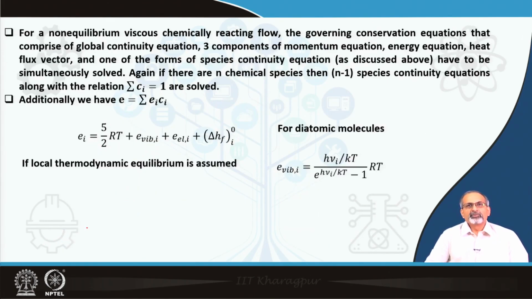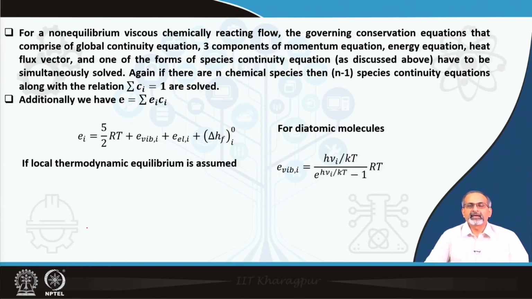For a non-equilibrium viscous chemically reacting flow, the governing conservation equations that comprise the global continuity equation, the three components of momentum equation, energy equation, the heat flux vector, and one of the forms of species continuity equation as we discussed above, have to be simultaneously solved or implemented.